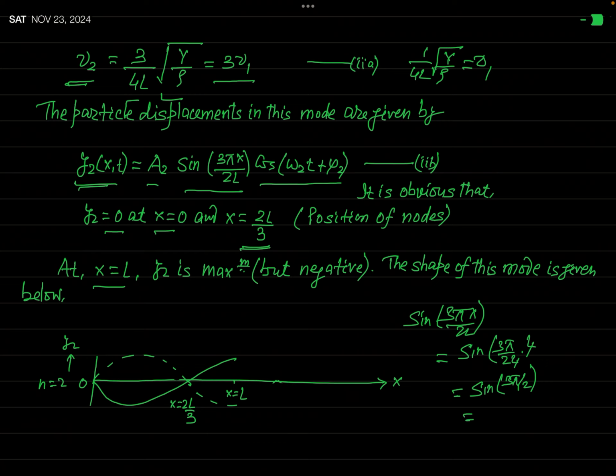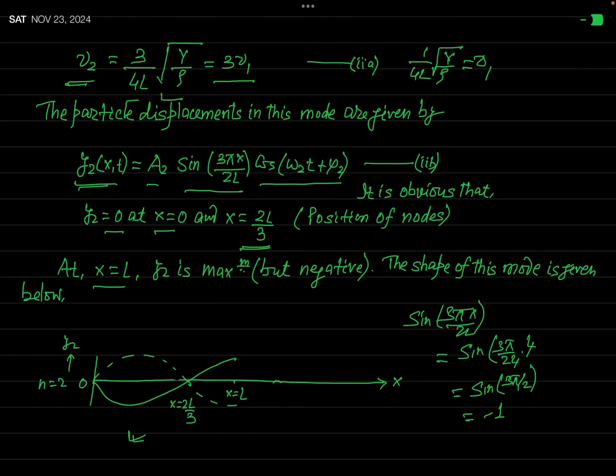And what is the value of sine 3 pi by 2? This is minus 1. So the absolute value of this sine will be maximum, but negative. So you can say that at x equal to L, this y2 is maximum but negative. Okay. And the shape of this mode I have shown in this figure, you can see.